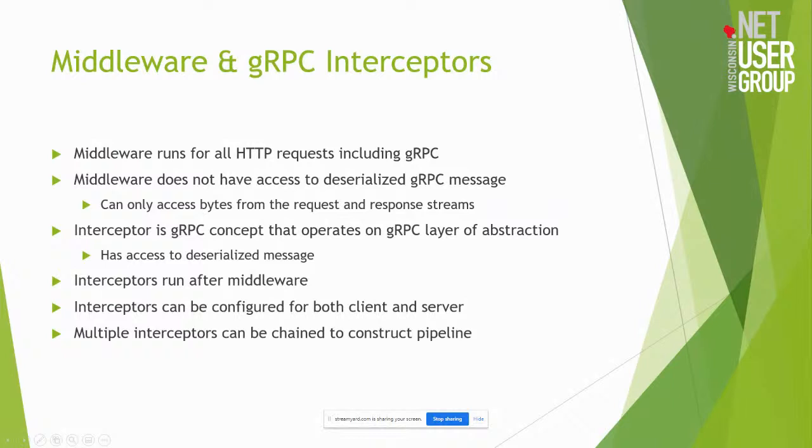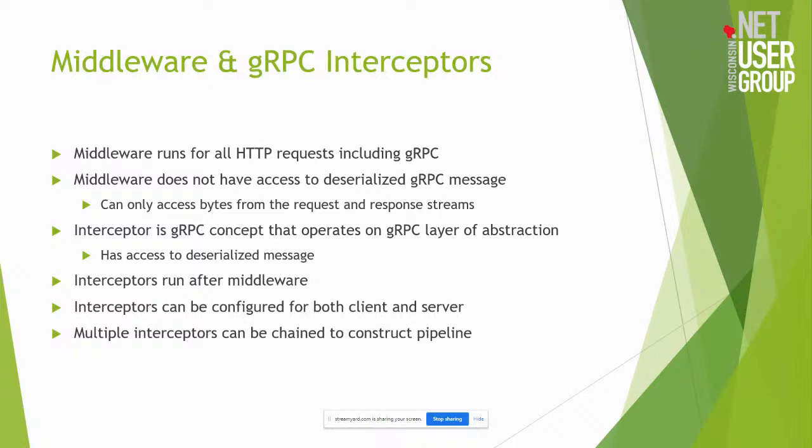Right. So the next thing we want to talk about is the middleware and gRPC interceptors. With gRPC being done over HTTP2, it actually uses the same middleware as the RESTful services. So all the middleware that you specify for regular HTTP calls would run for gRPC as well. But it does not have access to the deserialized gRPC message.